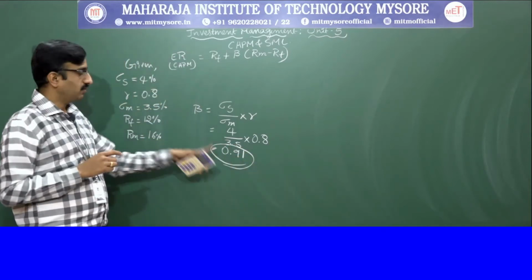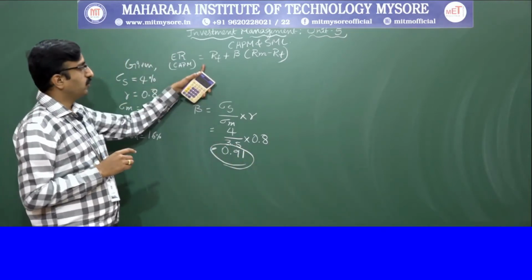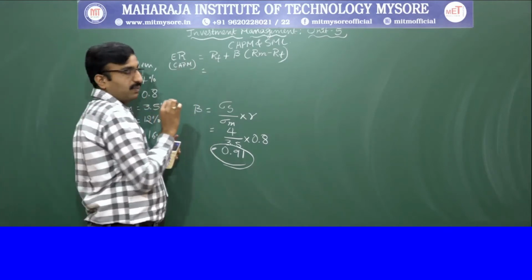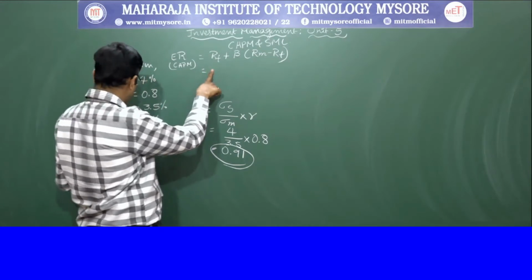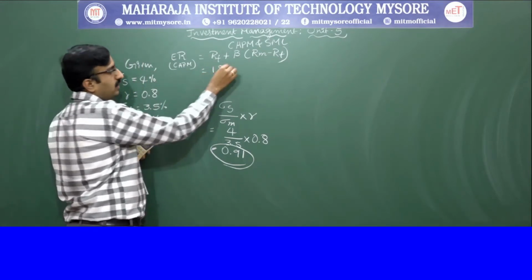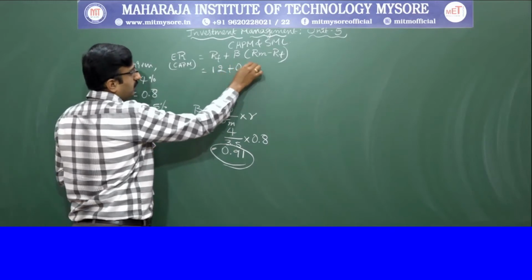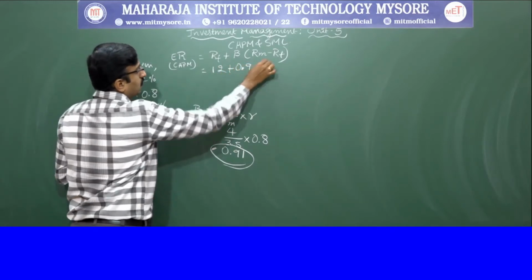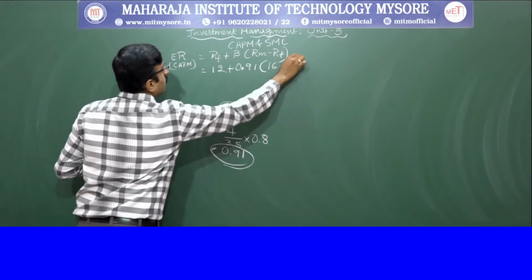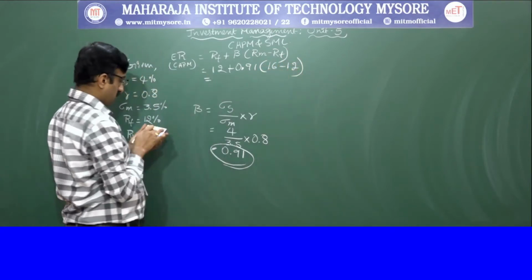After finding the beta, moving on to the calculation of the required return or expected return. RF is 12, we have got it. Beta is 0.91. RM is 16, minus 12 again, which is 4.